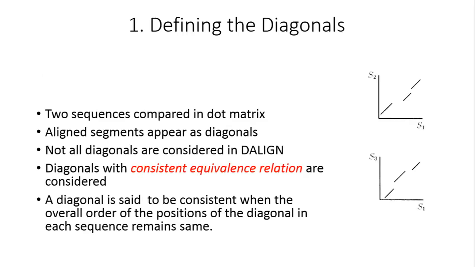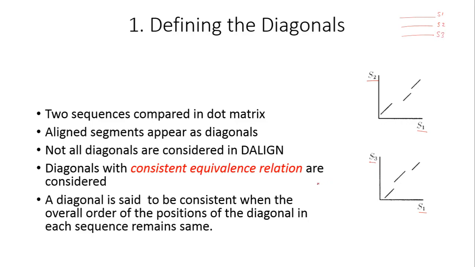So here is how it begins. For example, you have these sequences: sequence 1, sequence 2, sequence 3, and sequence 4. What we are trying to do is align three sequences: sequence 1, sequence 2, and sequence 3.